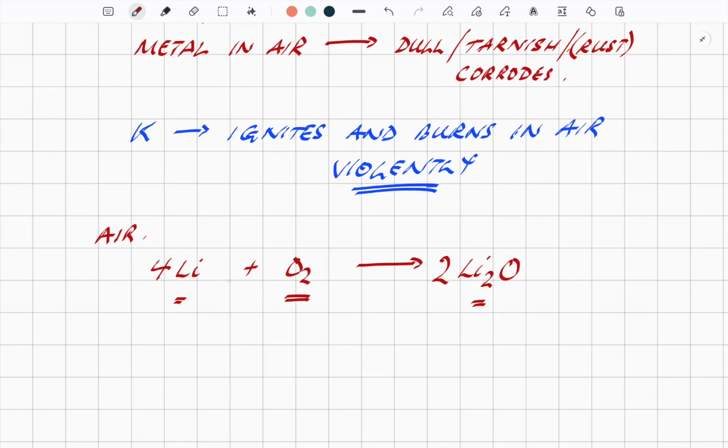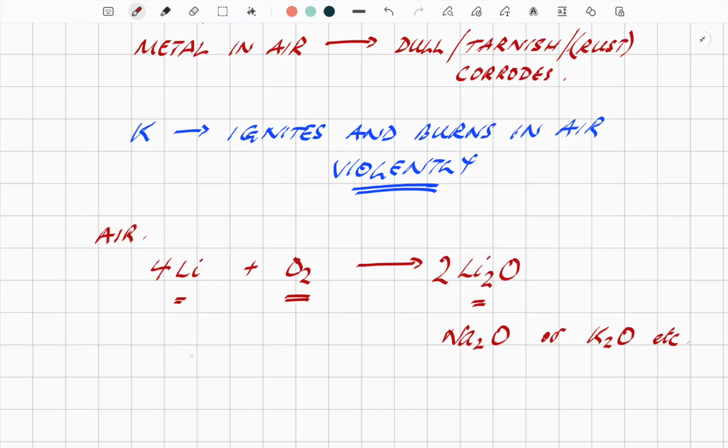And you substitute any of the group 1s, it'll be the same thing. It'll be 4 sodiums plus O2 will be 2 Na2O. So I could just write that down, or potassium, etc. So all the group 1s will form that kind of an oxide.